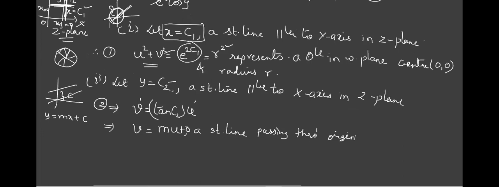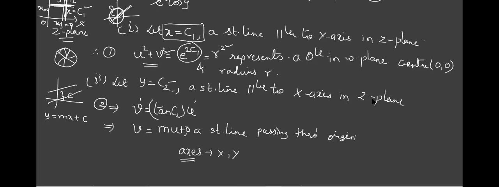Writing the conclusion is very easy. Tell me what we have taken in the Z plane altogether. We have taken two lines, either parallel to the x-axis or the y-axis.